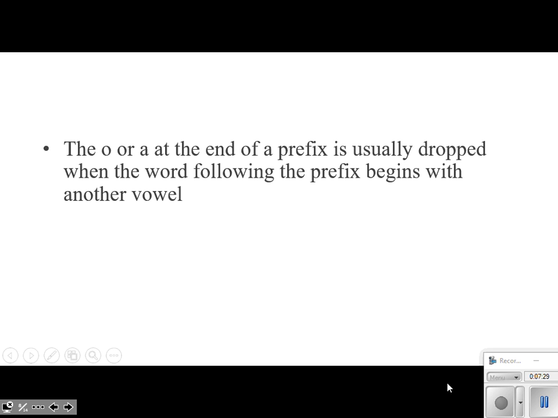No, it said the O and the A. So, as I look at this, here are two different ways to express monoxide. Which is the correct way? Which is the incorrect way? Would you drop that O on the left or would you keep it? Drop it. So that is wrong. Monoxide.